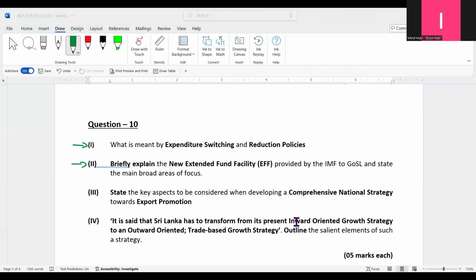Right. So with that, I will be concluding this mock exam number 4 answer discussion session. Now we have done in season 2 of the mock exam series about 2 papers that are focused on up to unit 10 of the syllabus.